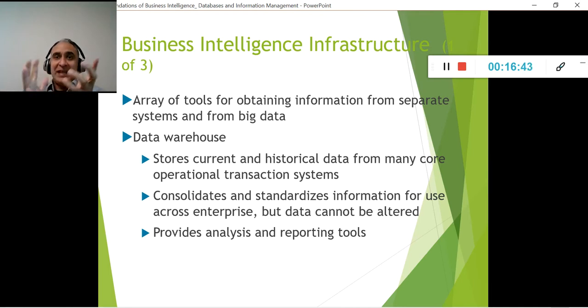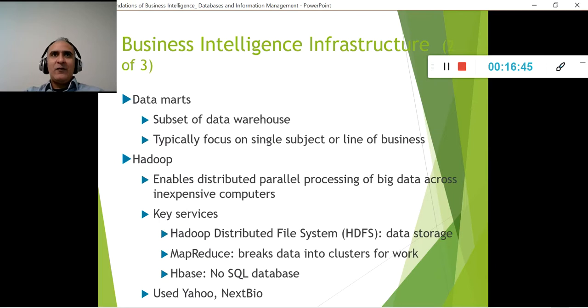tank with data, right? And then we go to data marts, which are within that large body of information. In that big tank of information, we have small tanks. But that doesn't mean they are disconnected. Of course not.